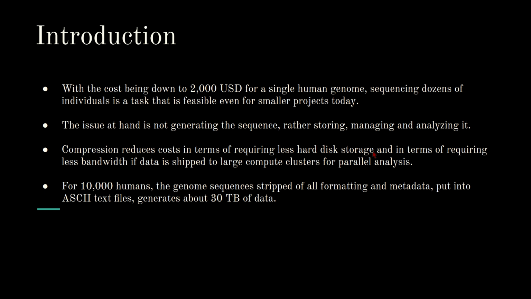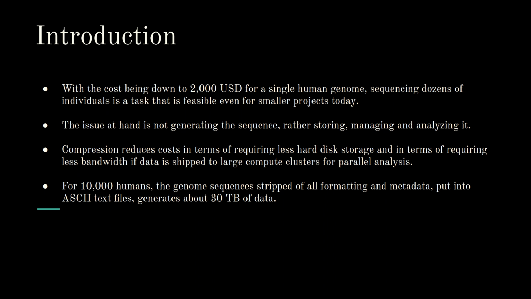The main problem at hand is that genome sequencing is really cheap nowadays. With increasing technology, it has become really cheap for even a single individual to get his genome sequenced. But the issue is that we do not have enough storage mechanisms to store such a huge amount of data, considering the silicon shortage and all the related things.